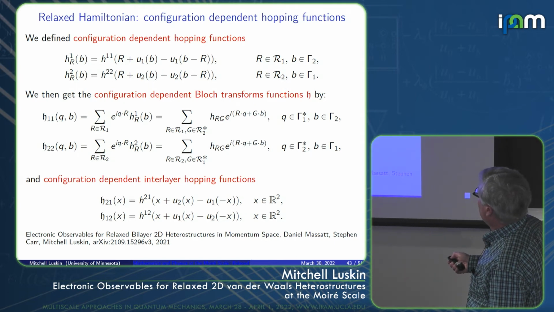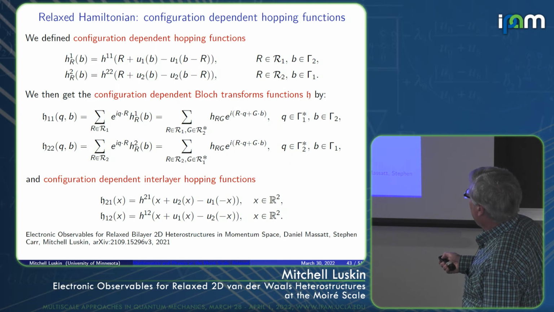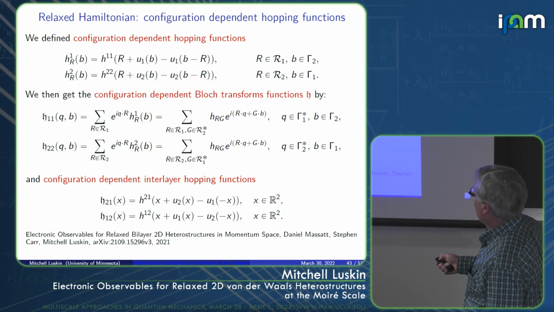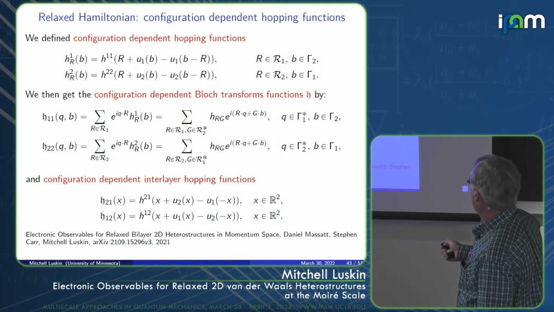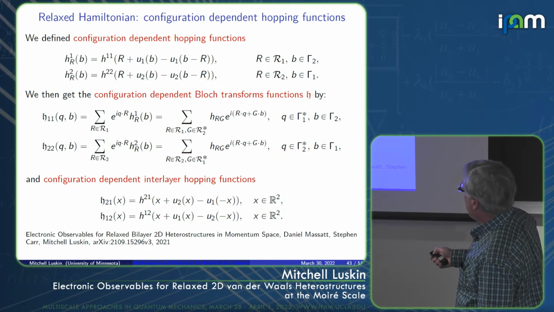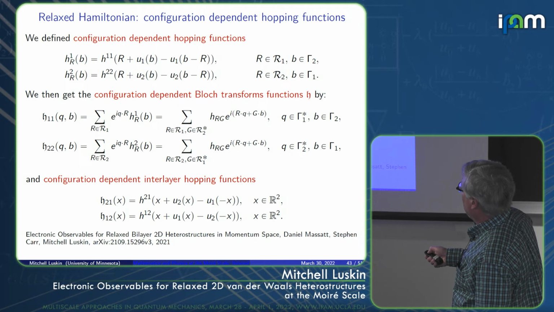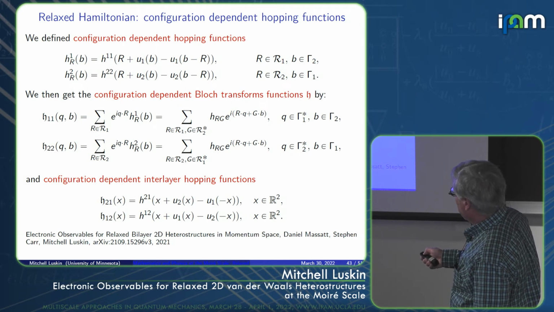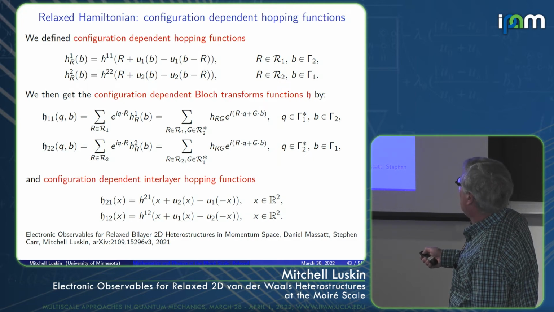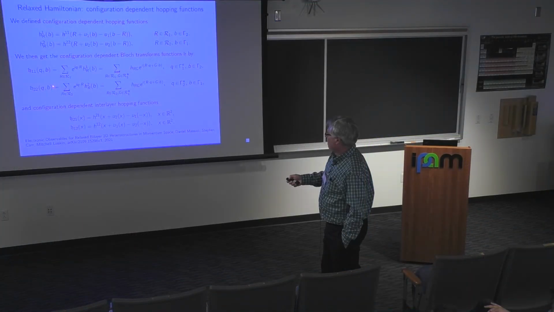So I'm doing the Bloch transform at each local configuration B. Here's the Bloch transform, I can actually write it this way. So now what I have are Bloch transforms that depend on the local configuration. And I could similarly define these modified interlayer terms.